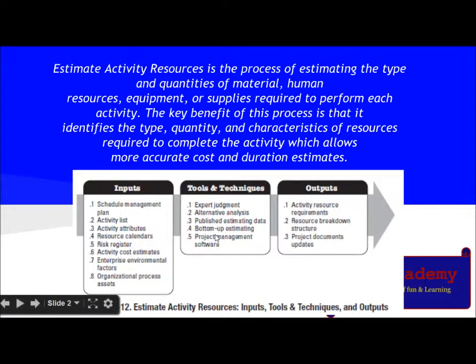This is very important, bottom-up estimating, most widely used. Project management software. Output is activity resource requirement, resource breakdown structure. Resource breakdown structures are sometimes also called RBS, which is the hierarchical representation of the resource based on category, skills, etc. And obviously project document update is the output.